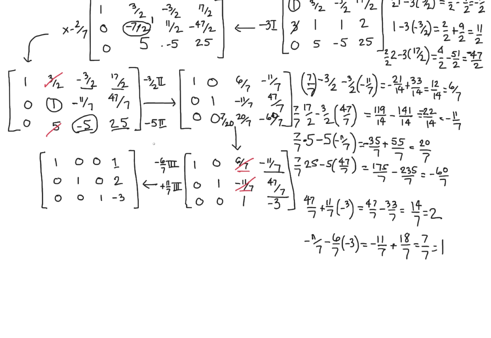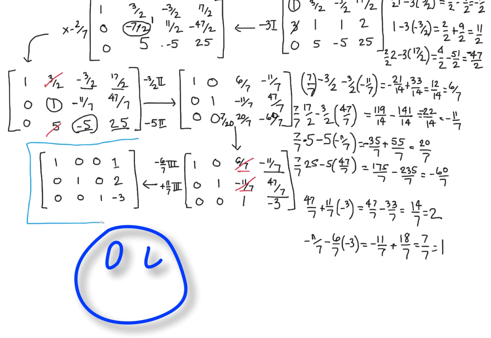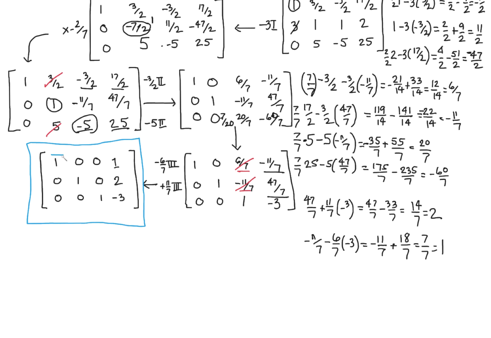And so, ta-da! Our final answer is this matrix here. We've got our row echelon form. Here's our x, here's our y, and here's our z.